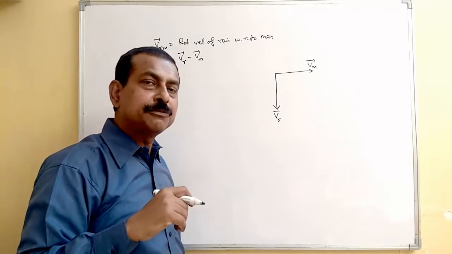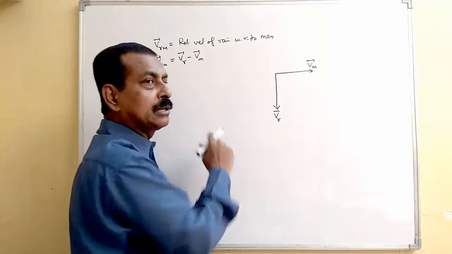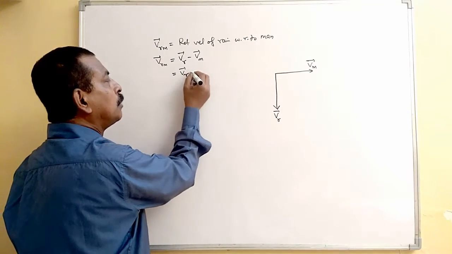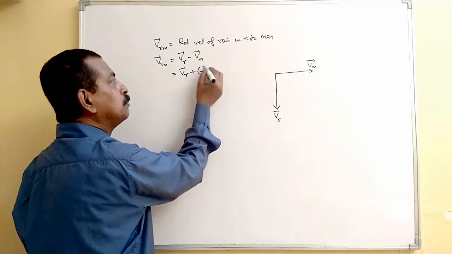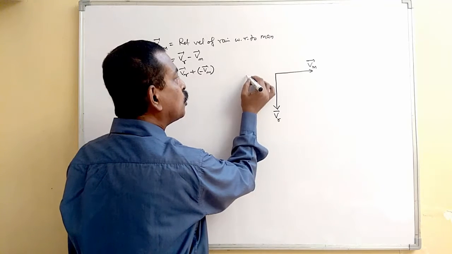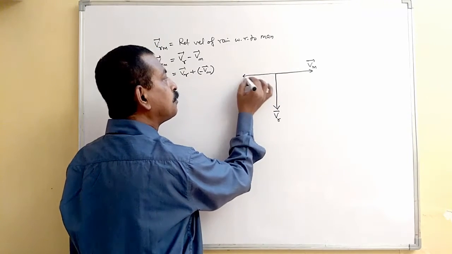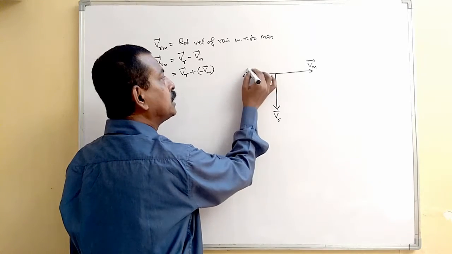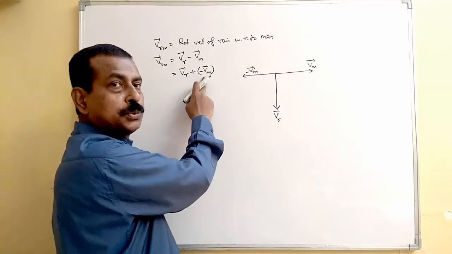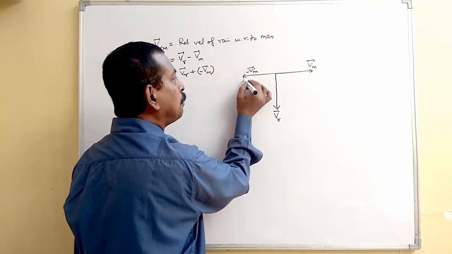How do we find the vector difference? We take the first vector as it is and we represent the second vector with its negative vector, because this is basically VR plus minus VM. So we'll represent the velocity of man in the opposite direction so as to get the negative velocity. So this is now your minus V. Now it is the sum of these two, so we'll take the resultant of VR and VM.